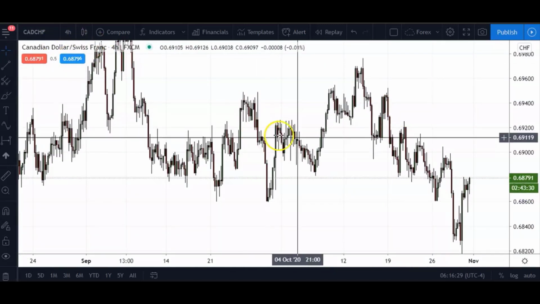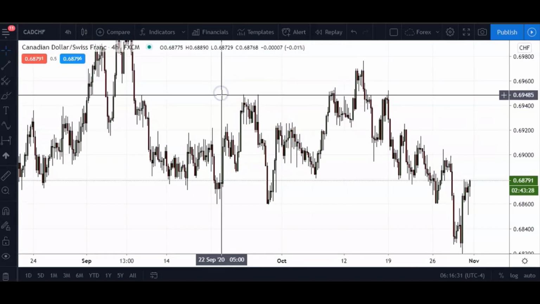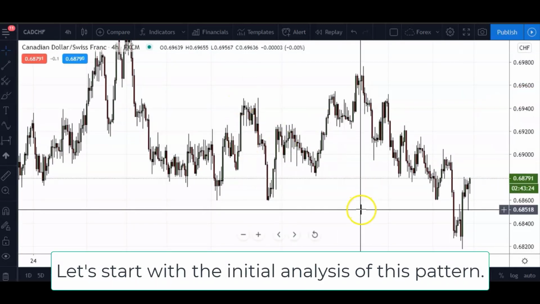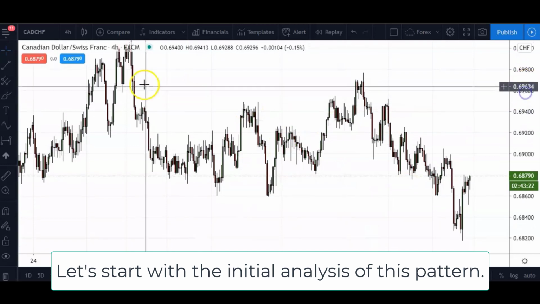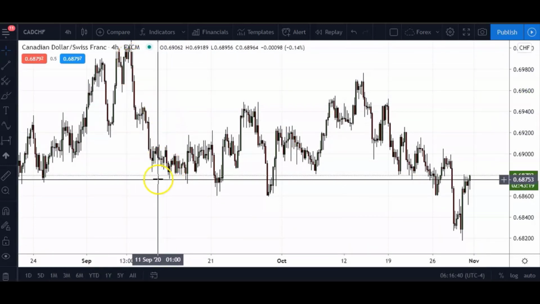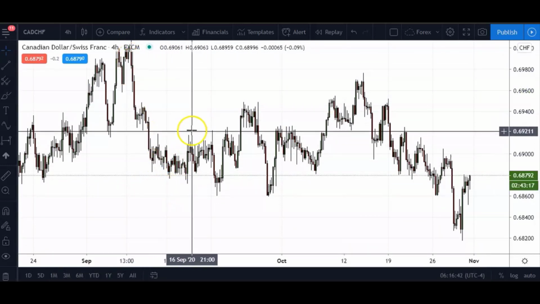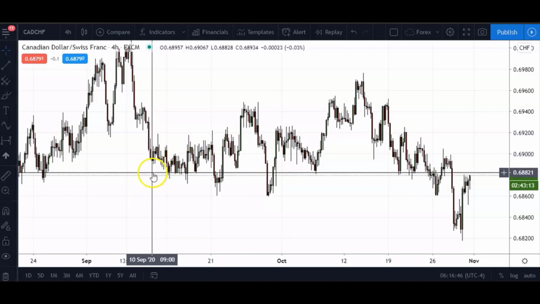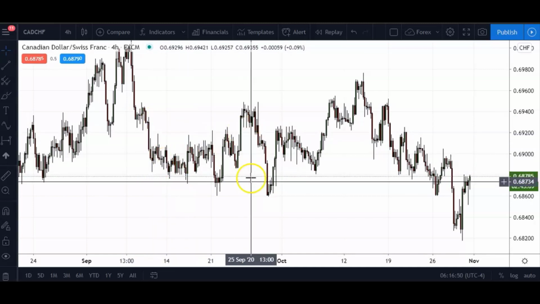So let's quickly have a proper view by zooming into this chart on the Canadian dollar Swiss franc. Let me show you how we first thought that this might be a triangle. As I mentioned before, prior to a low, price started fluctuating above and below, from here, which made me think that this was the origin of this expanding triangle.